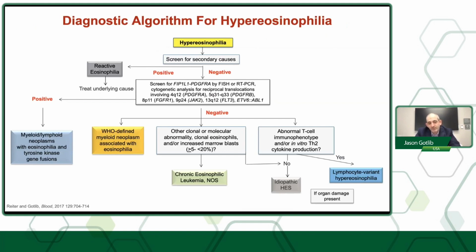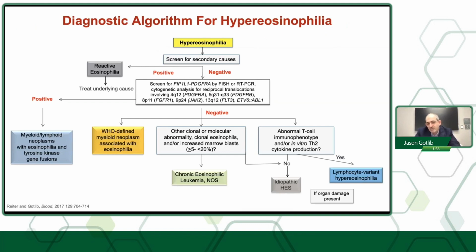The first on the left would be myeloid/lymphoid neoplasms with eosinophilia and tyrosine kinase gene fusions. Also, WHO defines myeloid neoplasms associated with eosinophilia, such as, for example, chronic myeloid leukemia, systemic mastocytosis, or myelodysplastic neoplasms.